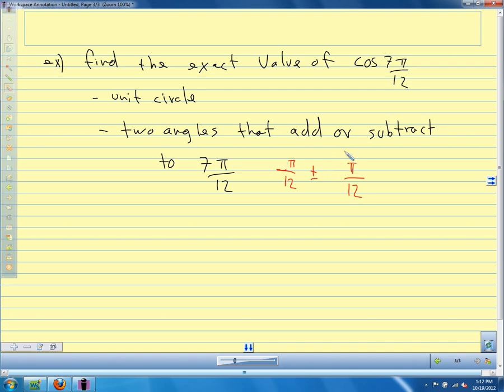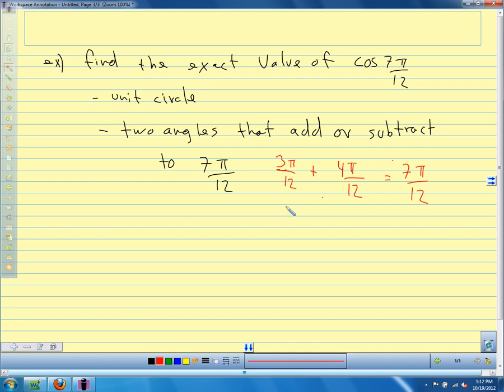Now remember, when we add fractions, we add the numbers in the numerator, and we keep our common denominator. So two numbers that add to 7 that are on our unit circle as a numerator. How about 3 and 4? 3 pi over 12 plus 4 pi over 12 equals 7 pi over 12.